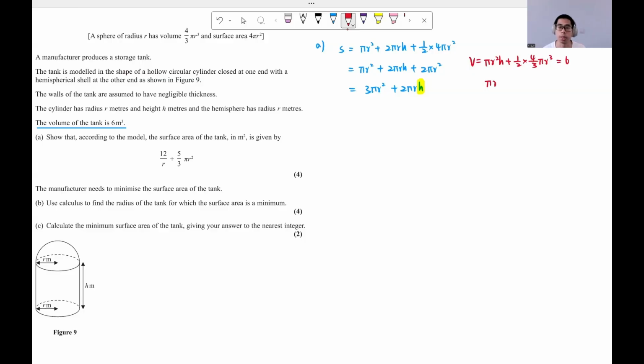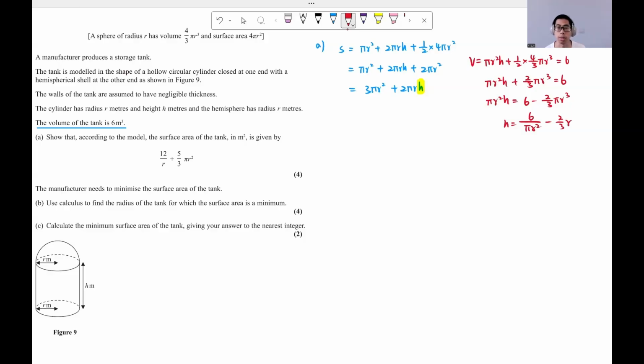So pi r squared h plus 2/3 pi r cubed equals 6. Then pi r squared h equals 6 minus 2/3 pi r cubed. Then divide by pi r squared on both sides. The first term becomes 6 over pi r squared, and in the second term 2/3 doesn't change, pi over pi cancels, and r cubed over r squared leaves just r.